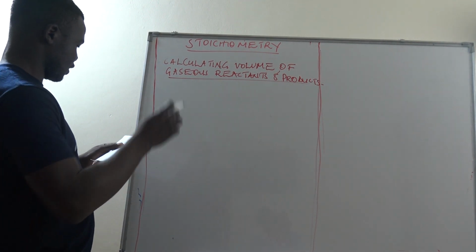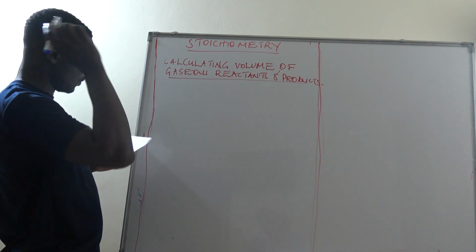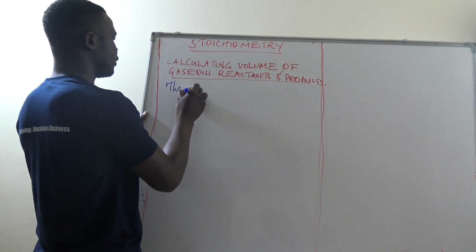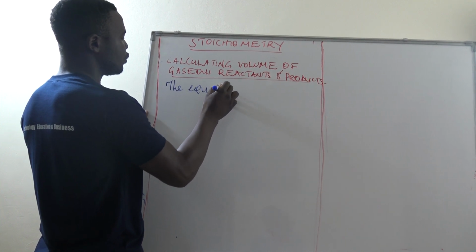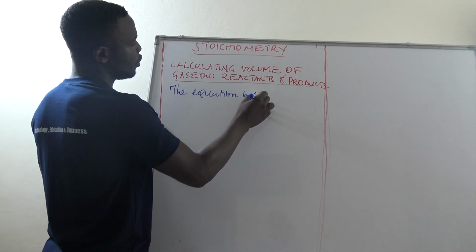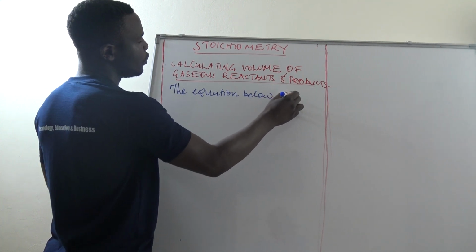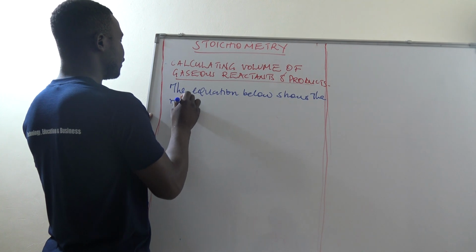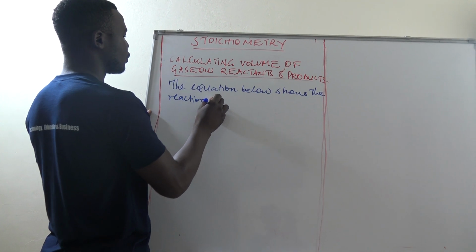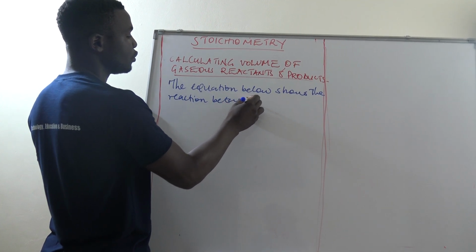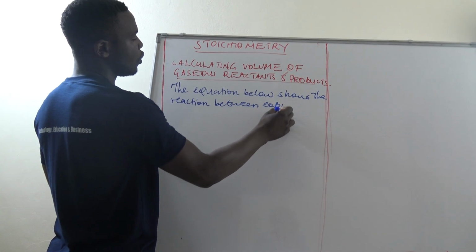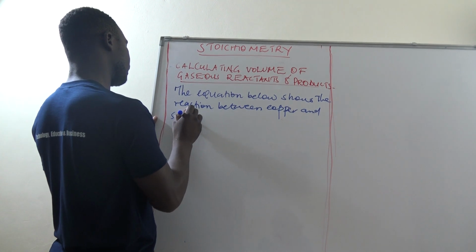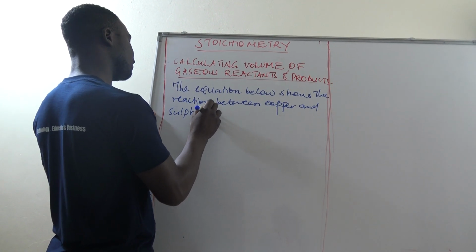The example says that the equation below shows the reaction between copper and concentrated sulfuric acid.